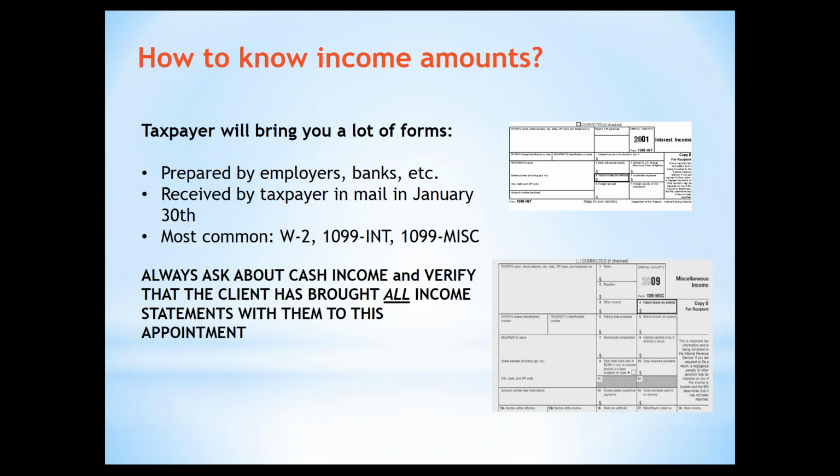You may need to give them a few pointers on how to get organized, and this information in this section will help you, as well as some of the exercises that you'll do through the 4491 and your certification exam. Again, any of the taxpayer information that the clients come in with, they should have received by January 30th, or it should have been mailed by January 30th.